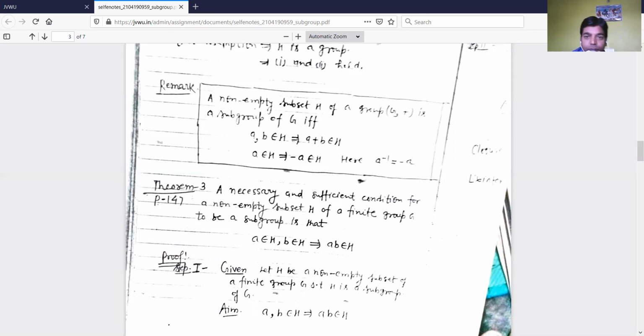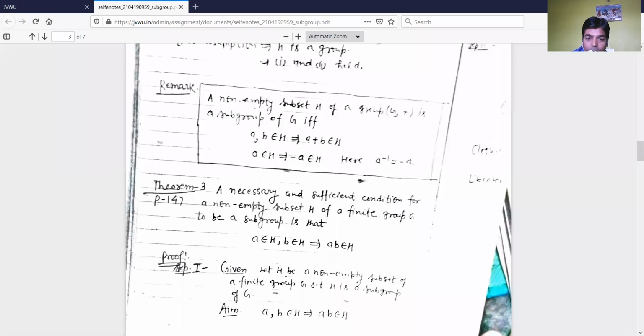It means that if we have to show the given set H is a subset of G, then we only have to show A belongs to G, B belongs to G implies AB belongs to H. This is called the one-step test to examine whether H is a subgroup of G or not.